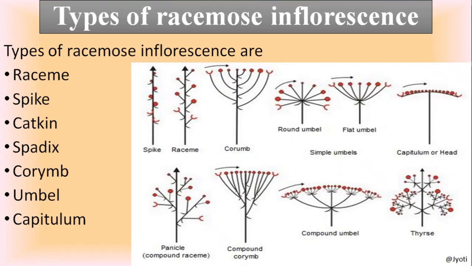Then we'll discuss the types of racemose inflorescence. Again, these racemose inflorescences are of different types based on the arrangement of the flowers. Here I have given the outline picture of these inflorescences, and we'll discuss the types of racemose inflorescence one by one with a picture.